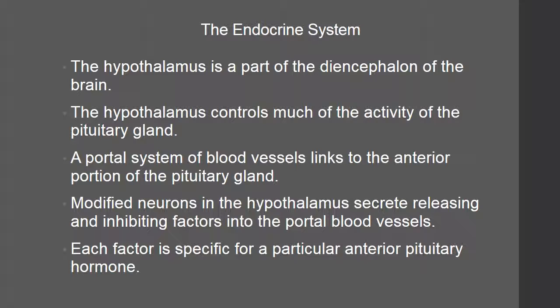Modified neurons in the hypothalamus will secrete and release inhibiting factors to the portal blood vessels. Each of these factors from the hypothalamus is specific for a particular anterior pituitary hormone.